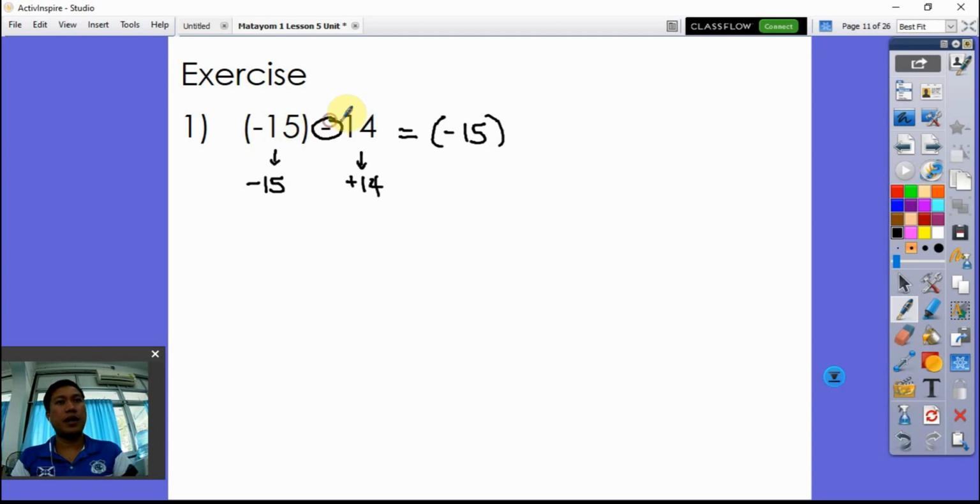Change the sign of minus into plus. This positive 14, change its sign, negative 14. Since both of them have the same signs, we add normally. 15 plus 14 is equal to 29. Copy their signs, negative. Okay, very easy.